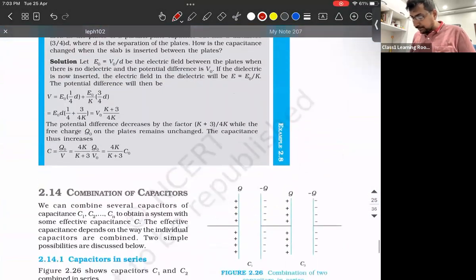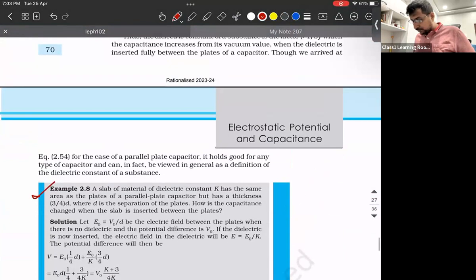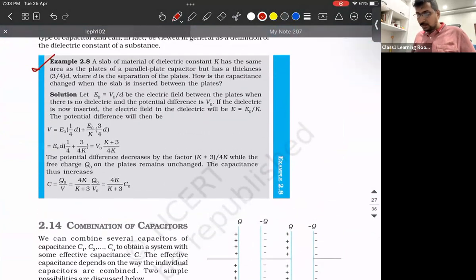Problem 2.8: A slab of material of dielectric constant K has the same area as the plates of a parallel plate capacitor, but has a thickness of 3D by 4. So what is the thickness of it? It is 3D divided by 4, and its dielectric constant is K. How does the capacitance change when the slab is inserted between the plates?